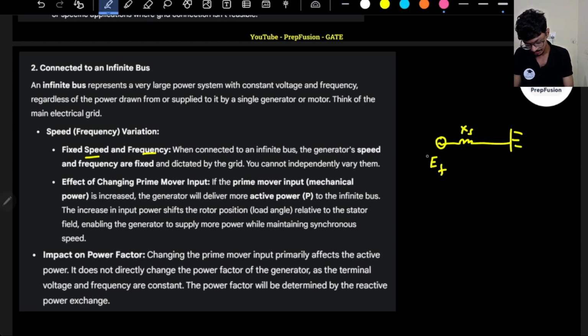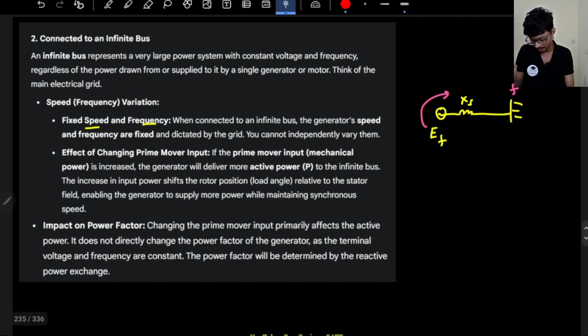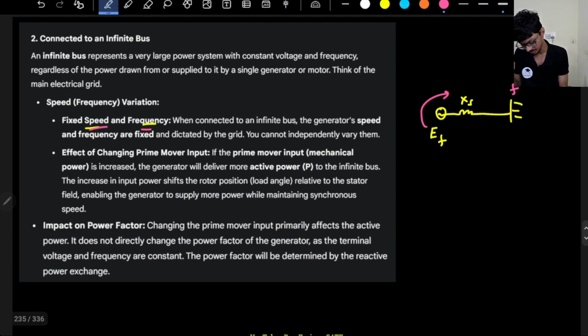If I try to change the speed and frequency, what will happen? It will just not connect with the bus because this bus has constant frequency. It will not synchronize. We will study a chapter on synchronizing. So it will basically not synchronize, so not possible. We cannot change the speed and frequency, because speed and frequency both are the same thing.